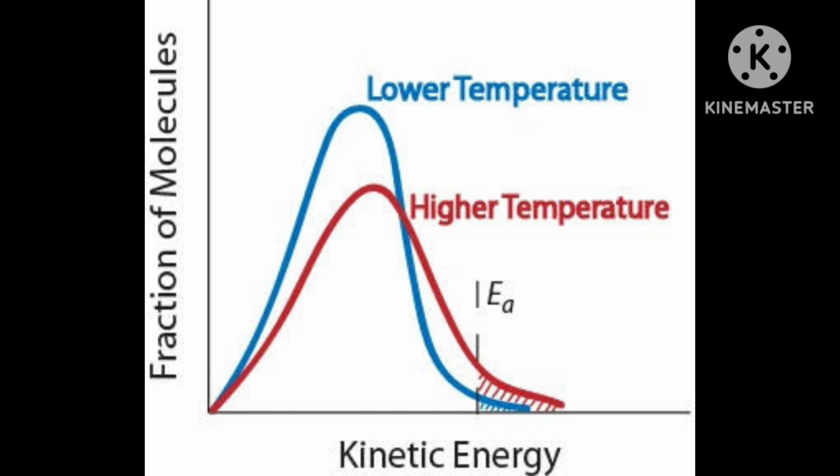That's why it is called activated complex, because they are active, they are about to break. This stage is also called the transition state, because now reactants are going to convert to product.